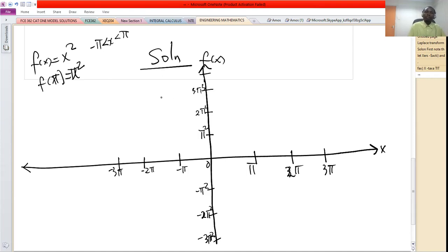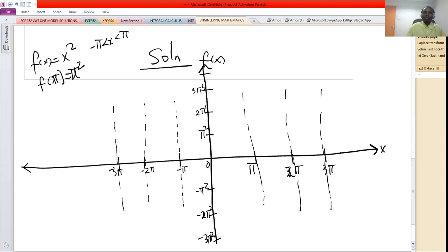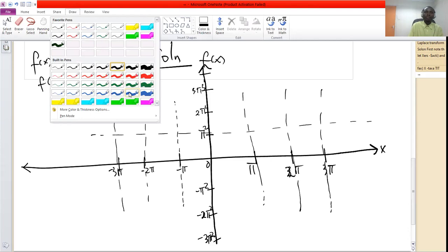Actually, you can use dotted lines to help you draw. You choose an appropriate scale according to the graph paper or the space you have.